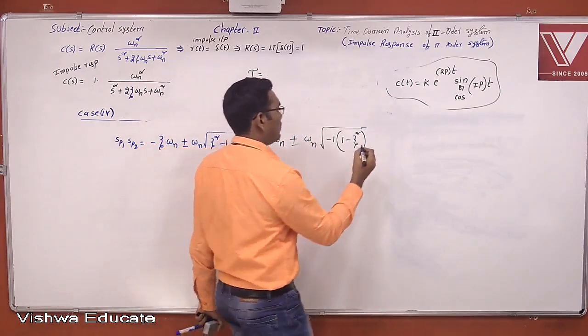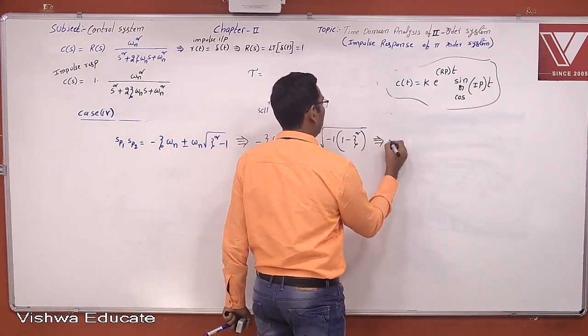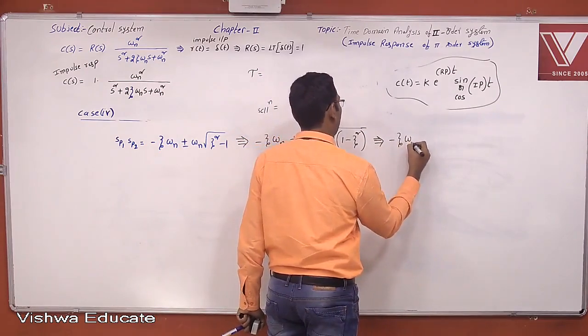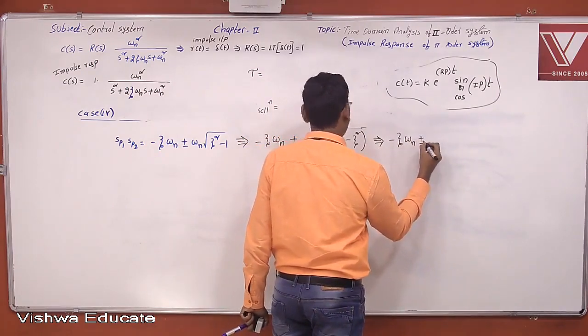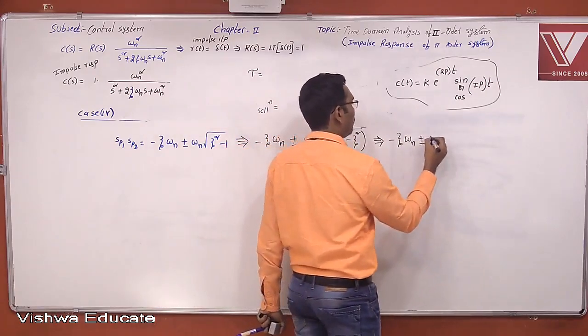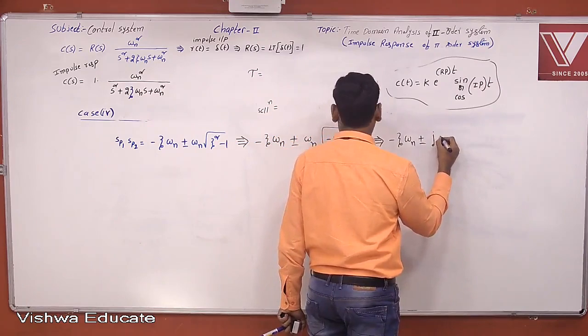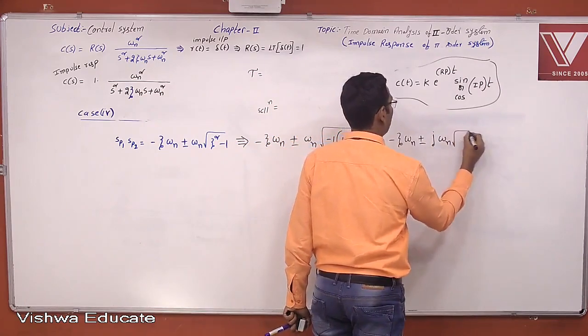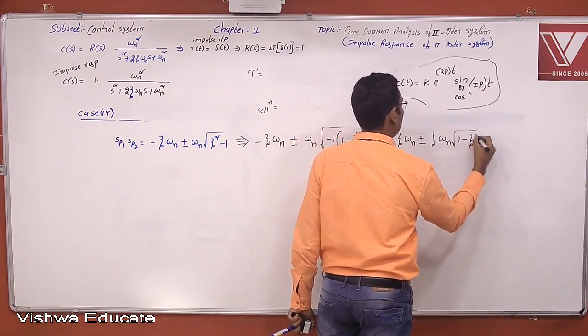Now, this is nothing but minus zeta omega n plus or minus, now this minus 1 is j square. Now, j is coming out of the root: j omega n square root of 1 minus zeta square.